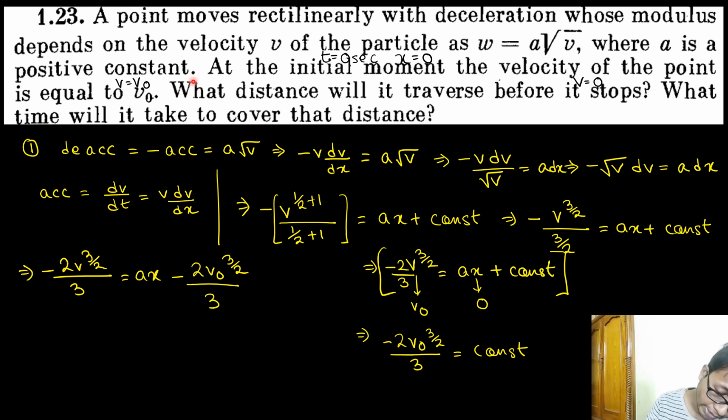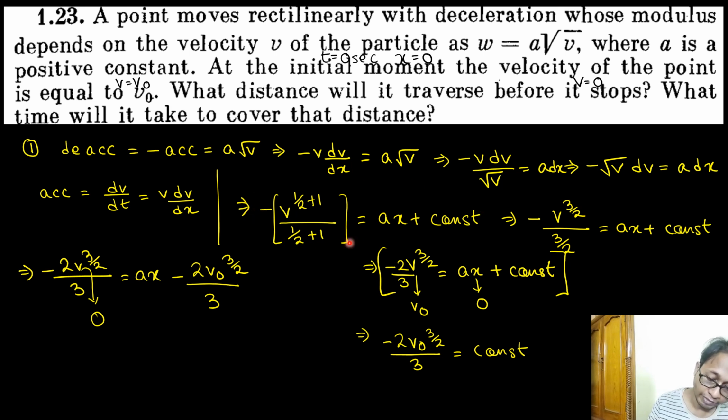Now the question is asking what distance it will travel before it stops. So when does the particle stop? The particle stops when v is equal to 0. See what I did till now: I created a negative acceleration, then I wrote out the equation. This is nothing but an indefinite integral.